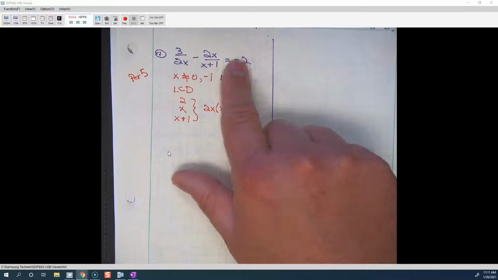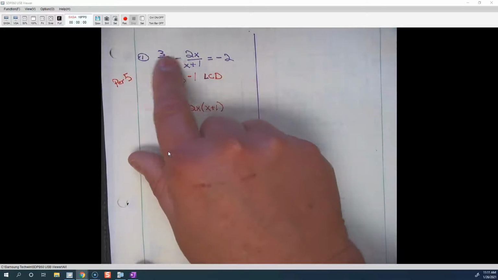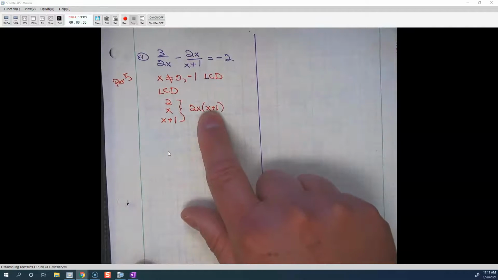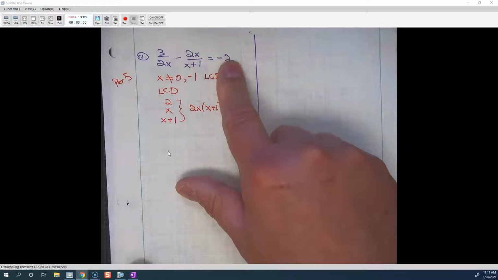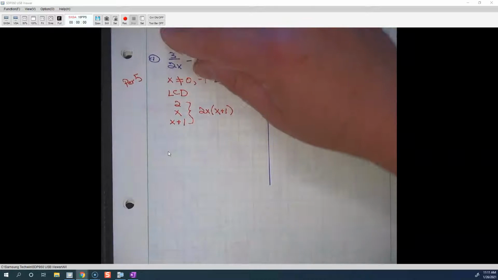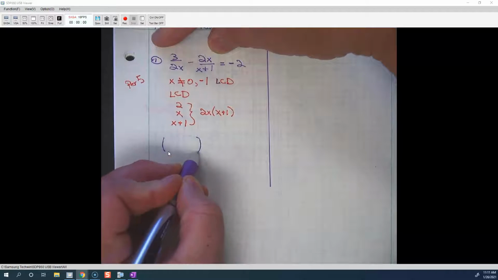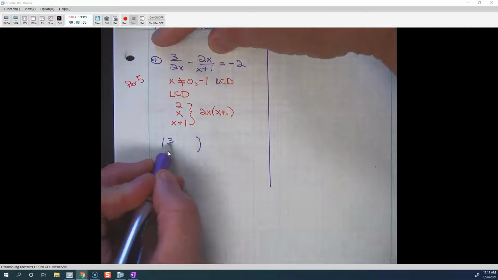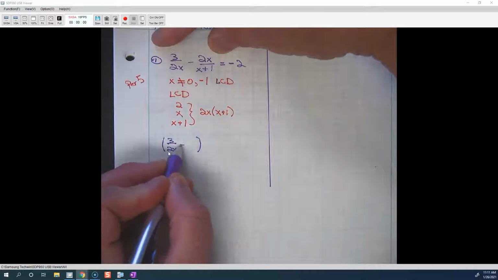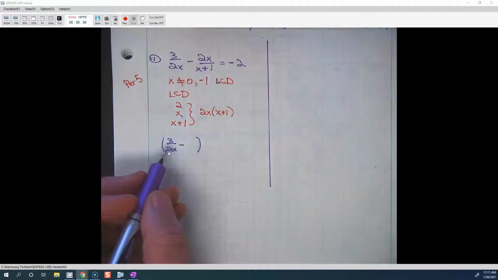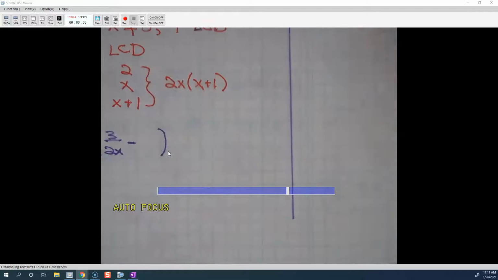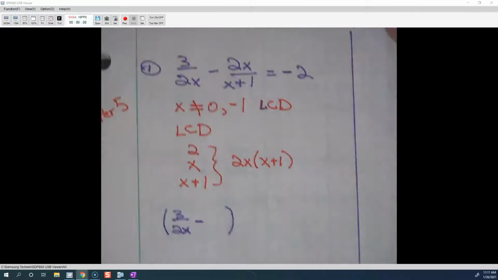Now, to solve this, you're going to multiply the left side by this value, and you're going to multiply the right side by it. So I'm going to take the left side of my equation, and the right side of my equation, bigger for you guys, easier to see.